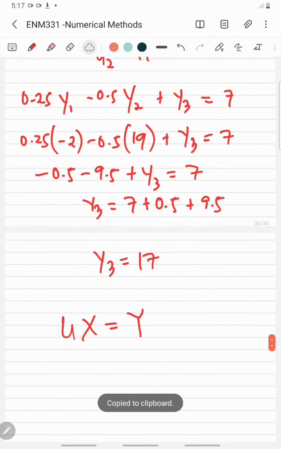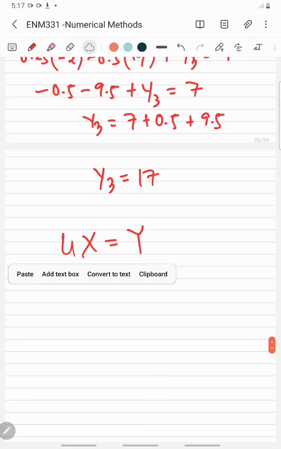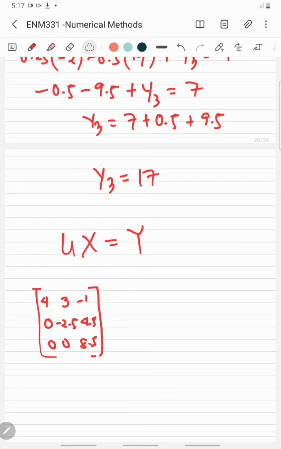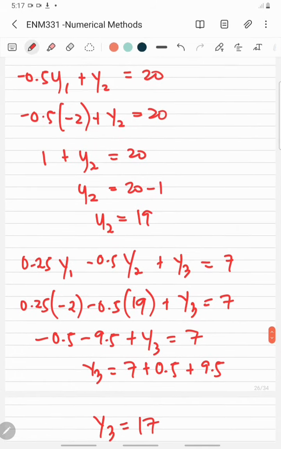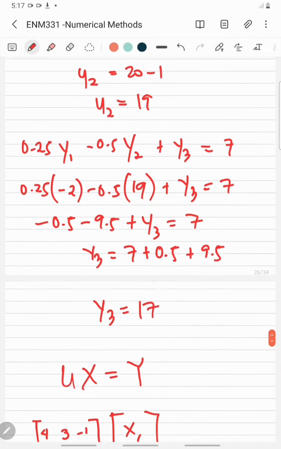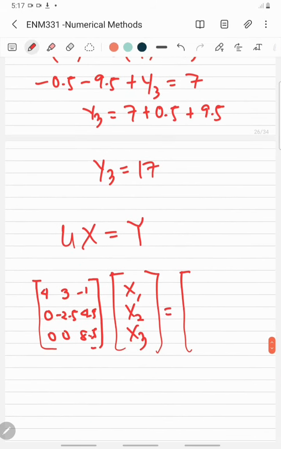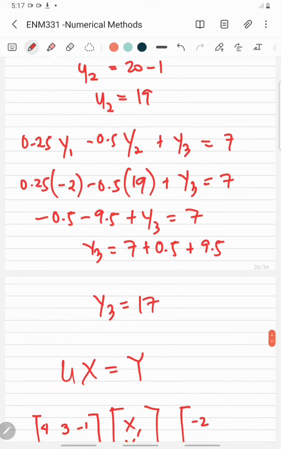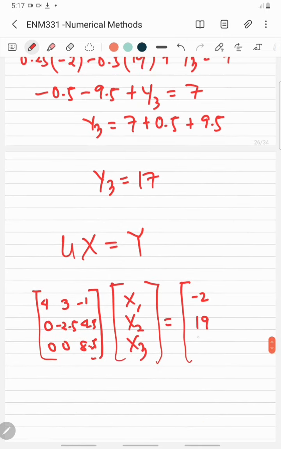We have to write again our matrix in the form of Ux is equal to y. So we have here x1, x2, x3. And our values: y1 is -2, y2 is 19, and y3 is 17.